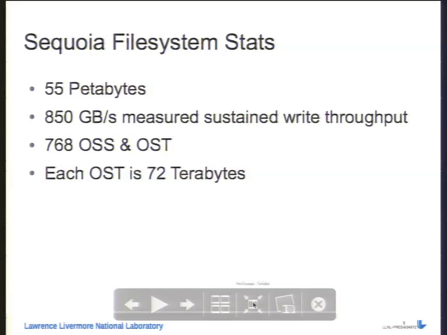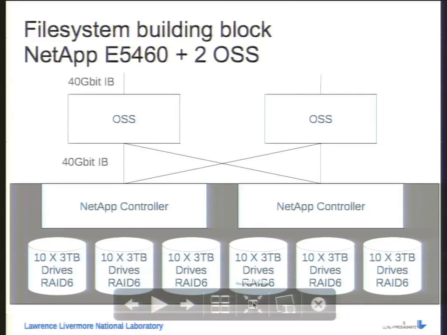The file system we built has only a single OST on every OSS. That's really nice for us. In the past, we used to have as many as 15 OSTs per OSS, and that gets a little difficult to administer. Each one of our OSTs is 72 terabytes in size. The basic building block for the file system server side is 2 OSS nodes that talk to a single NetApp E5460.